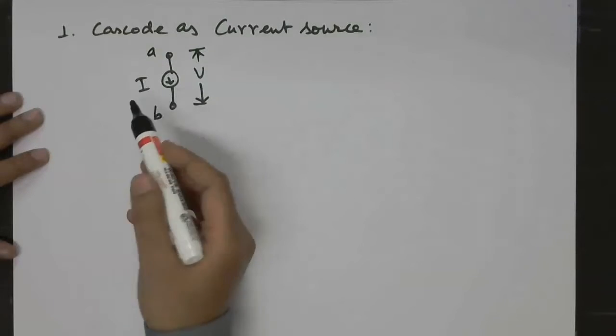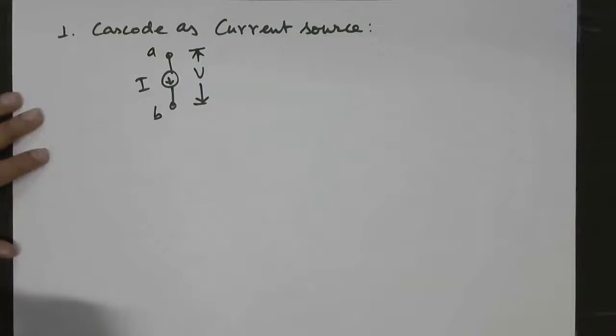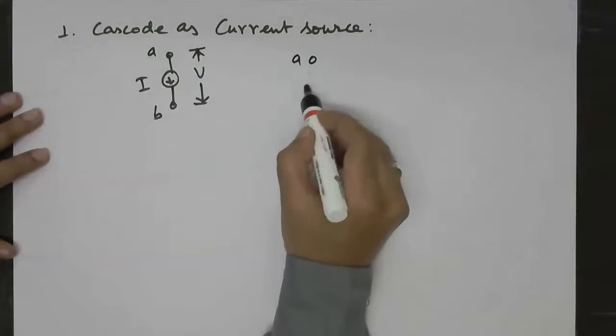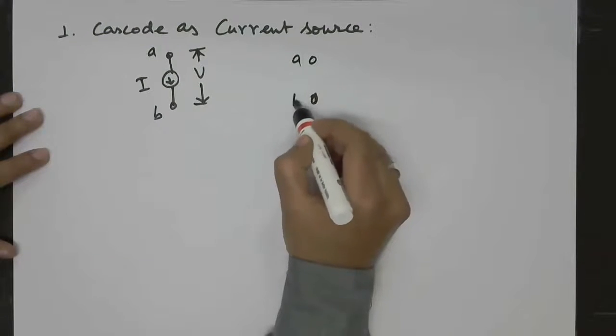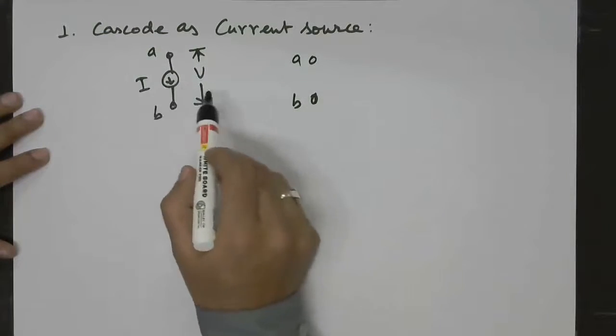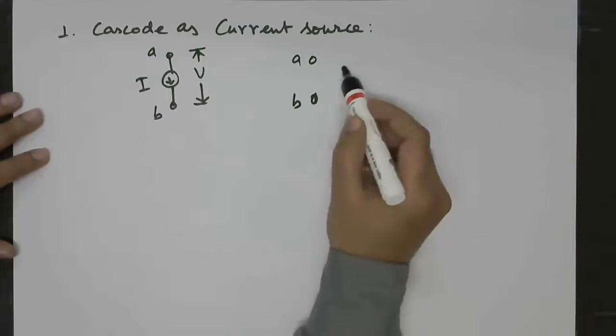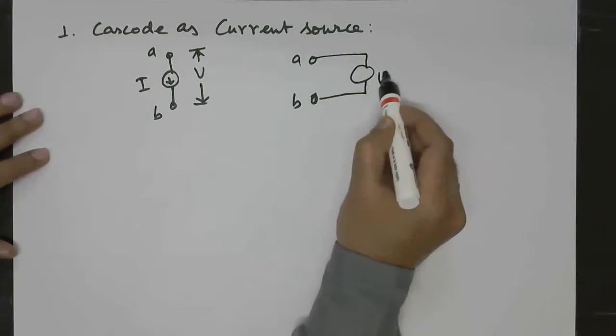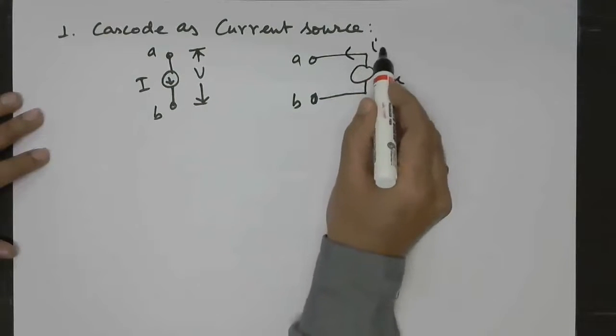For that we can follow the Thevenin rule to find the impedance, where we remove the independent source, so node A and node B are deprived of this current source. Now there is an open path, and even if you connect any voltage source, there will be no current.